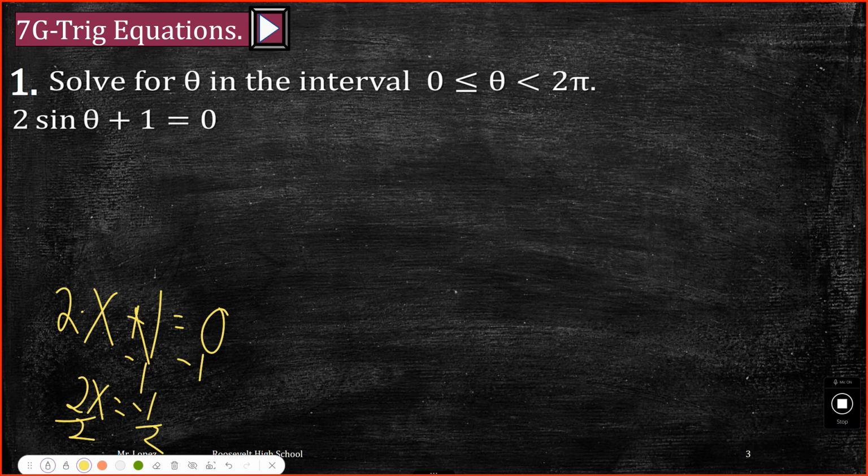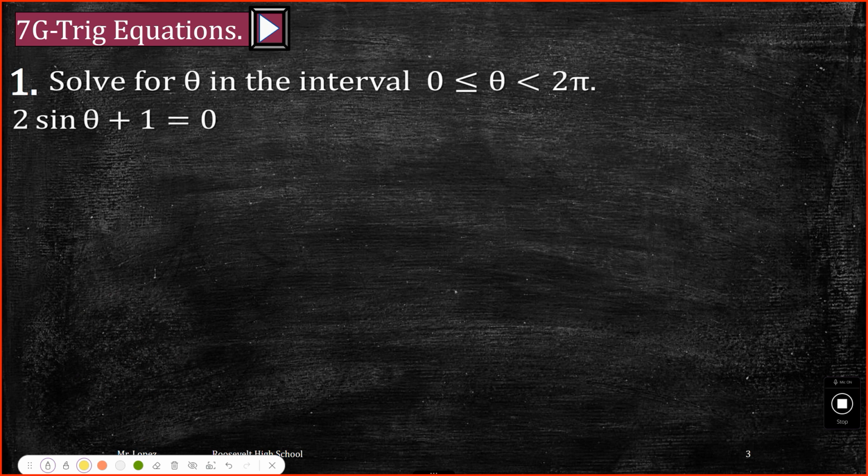So we're going to do the same there: subtract 1, 2 sine theta equals -1. This is very easy, except what's not easy, and hopefully by now it should be easy.